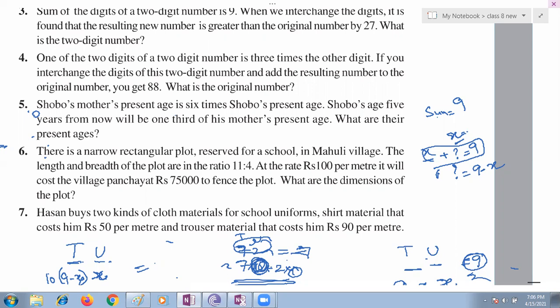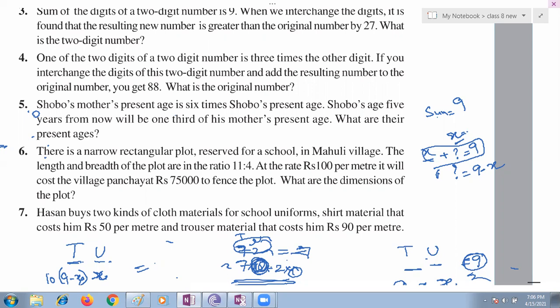And coming to the second one, if you interchange the digits, interchange means the units place becomes the tens place and the tens place becomes the units place, and you add the resulting number to the original number, you are getting 88.